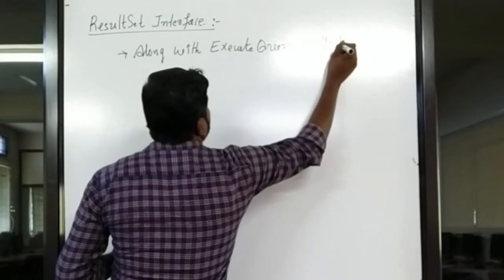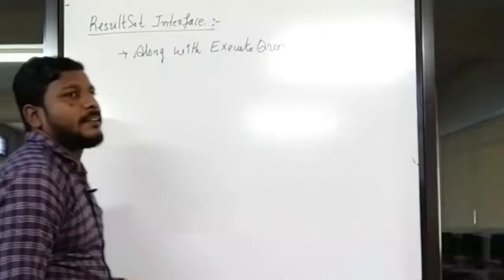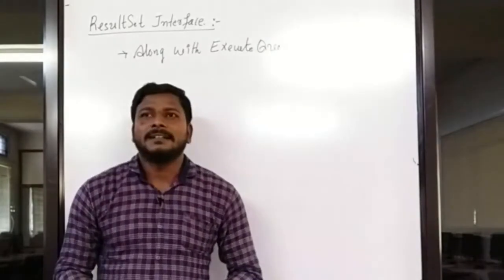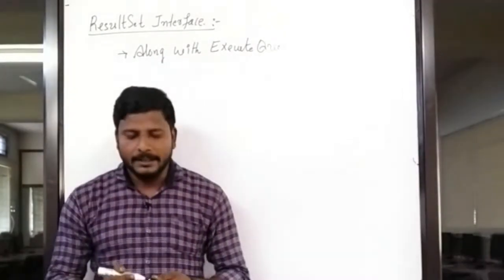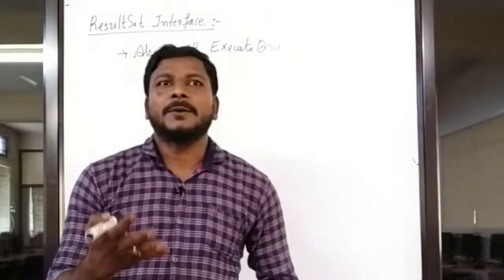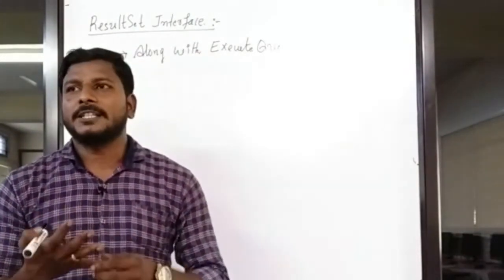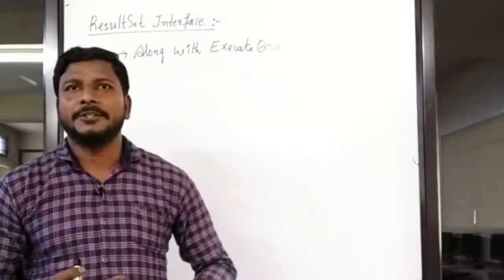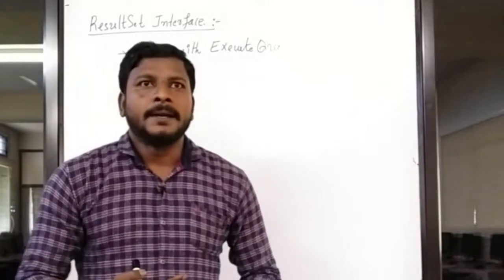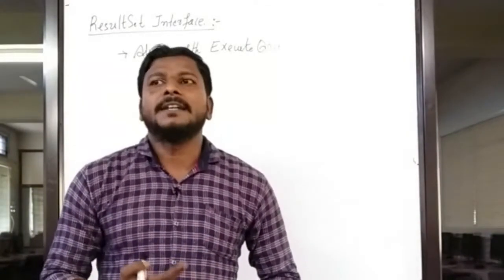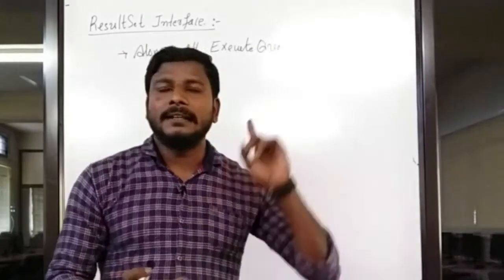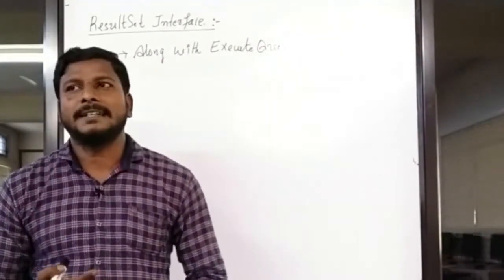Execute query is a method of the statement interface, normally used to execute a select statement. I also told the difference yesterday, select query and update. If you execute insertion, deletion or updation, it returns a number, so you use the execute update method. But if you have to execute the select statement, then we use execute query, and that method will return a result set back.